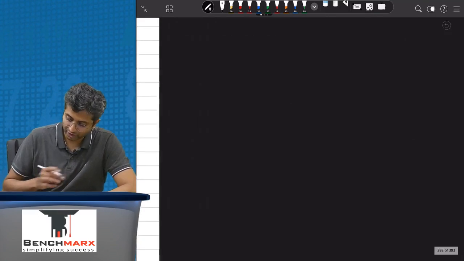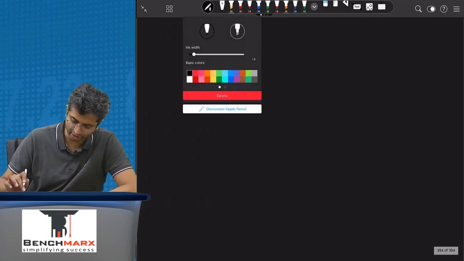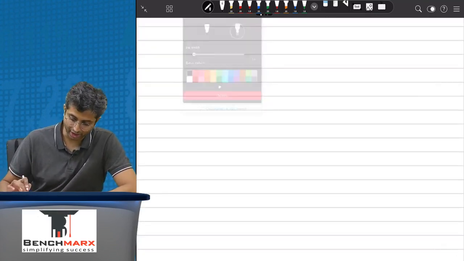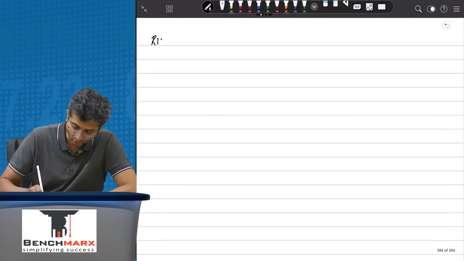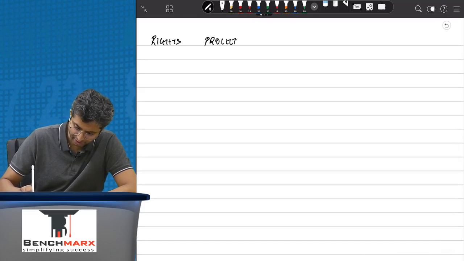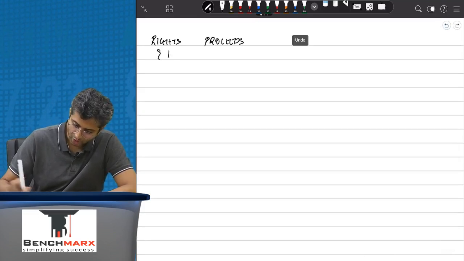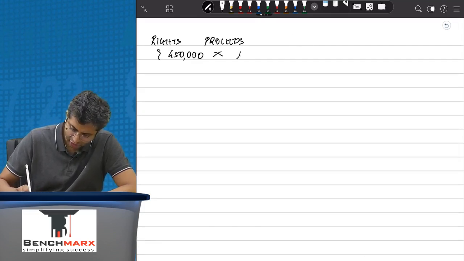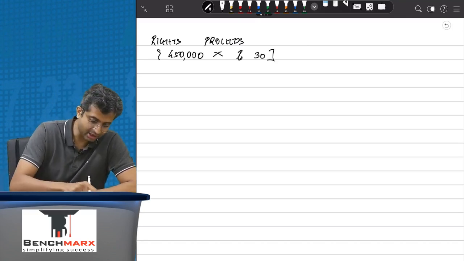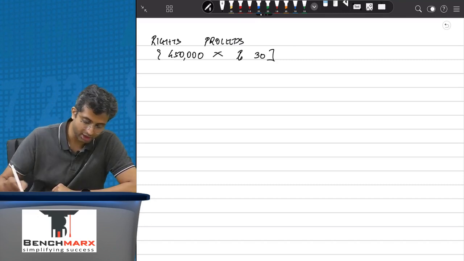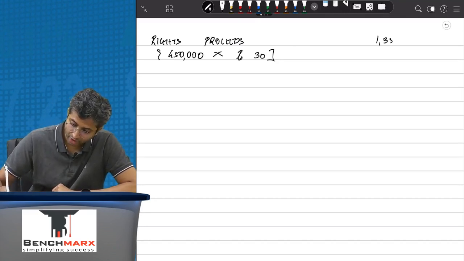If we go to see the method that we discussed earlier, how much are the right shares and how much are the rights issue proceeds? The rights proceeds, please pay attention over here, would be 1.8 into 1 by 4. So that is 4,50,000 shares you are issuing, and these shares are issued, let us say, at the rate of rupees 30. And as a result, 4,50,000 into 30, that is 1 crore 35 lakh is the rights issue proceeds.